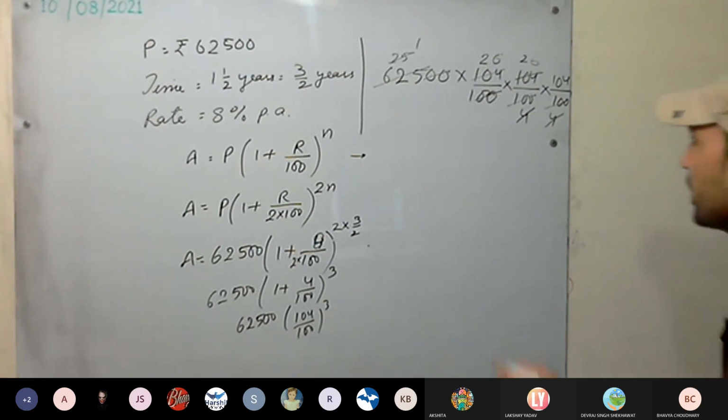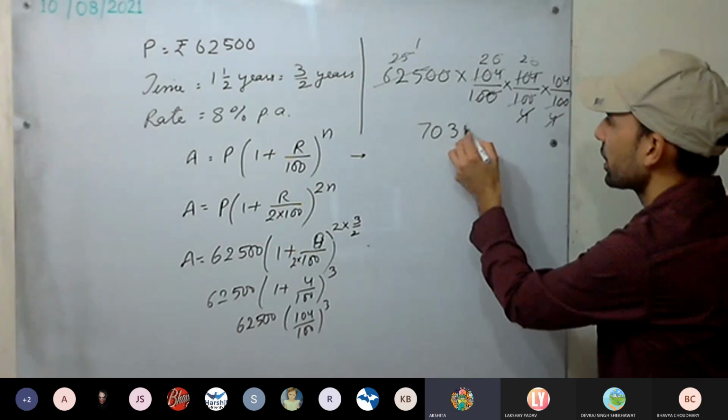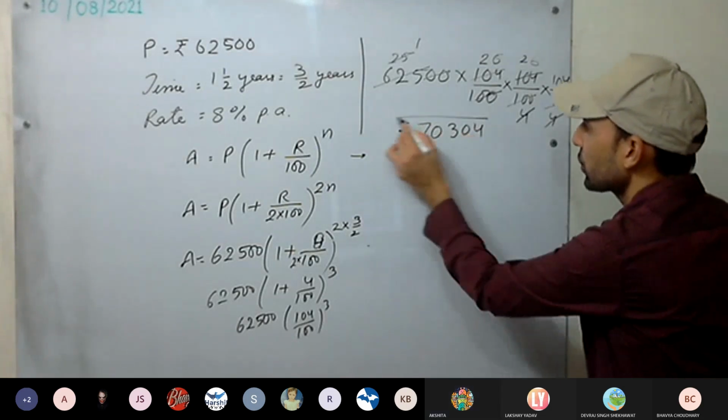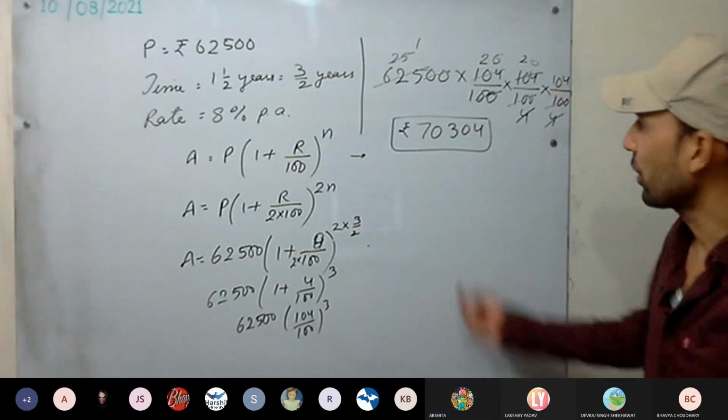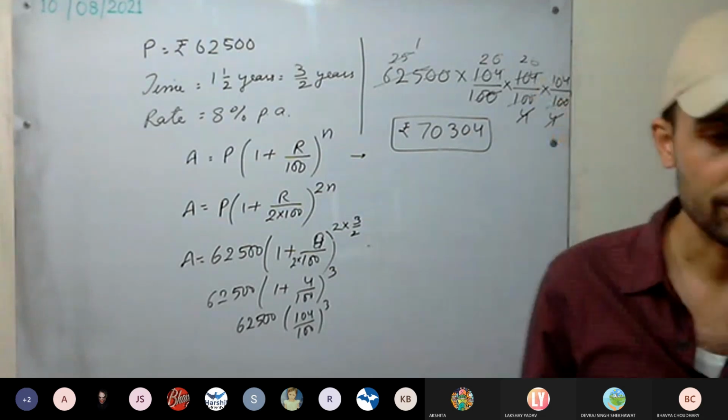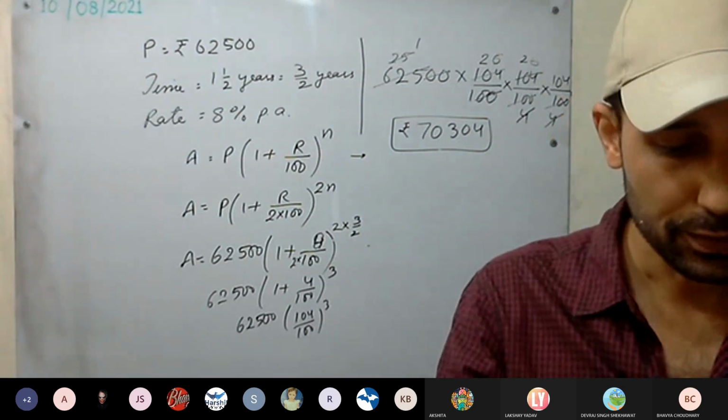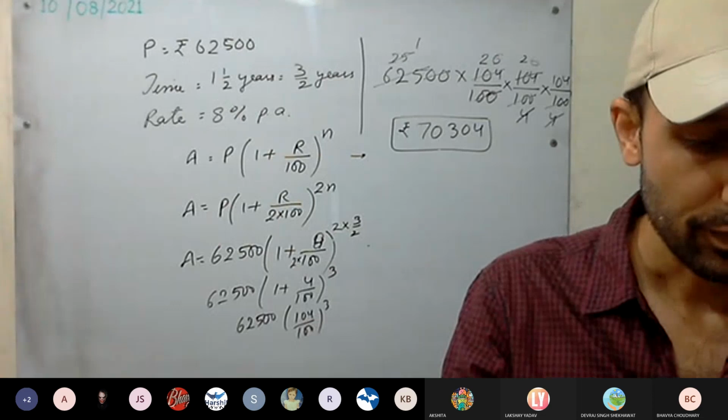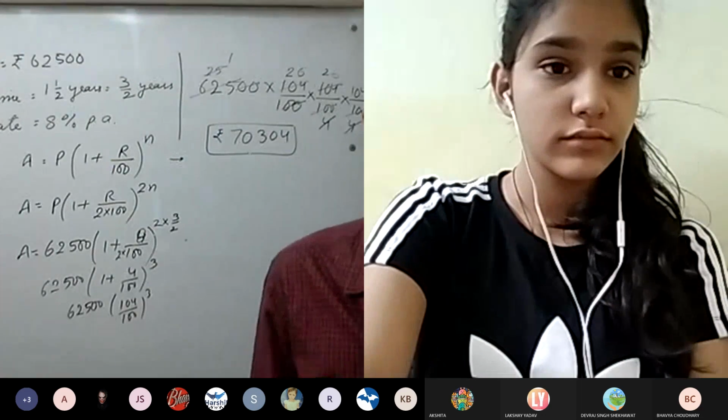70,304. This is what? It's the amount. So we have got the amount 70,304. Okay, calculate the compound interest.